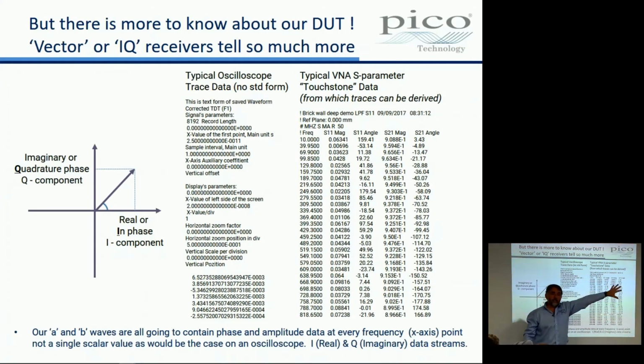So all the data that we're going to be talking about, the A wave, the B wave, the S parameters that come from the A wave and the B wave, they're all vector quantities. They all have a magnitude and phase, and they're originally measured as a real component and an imaginary component.